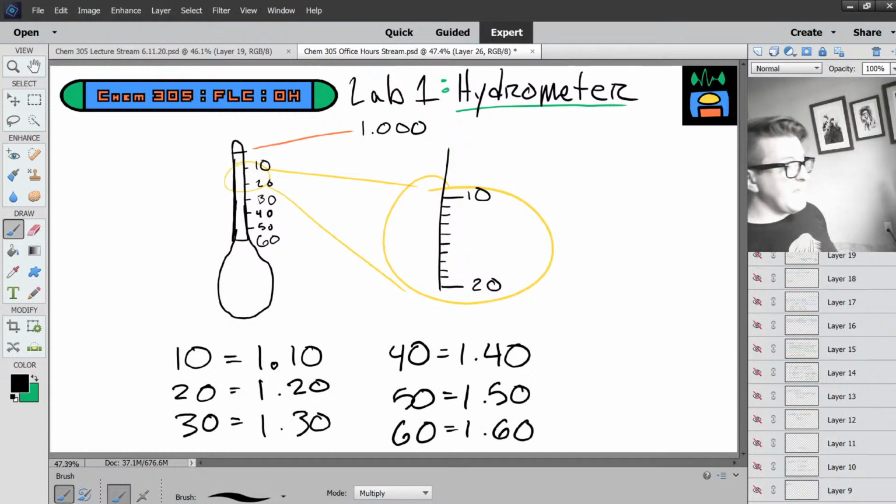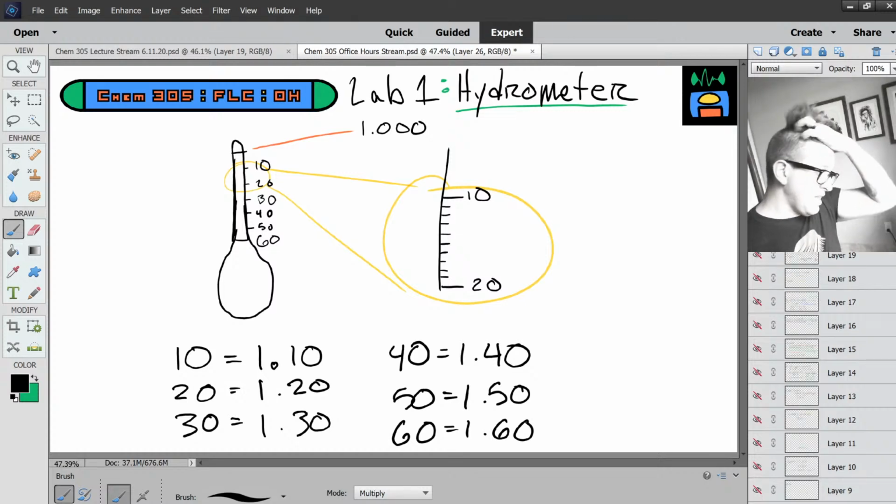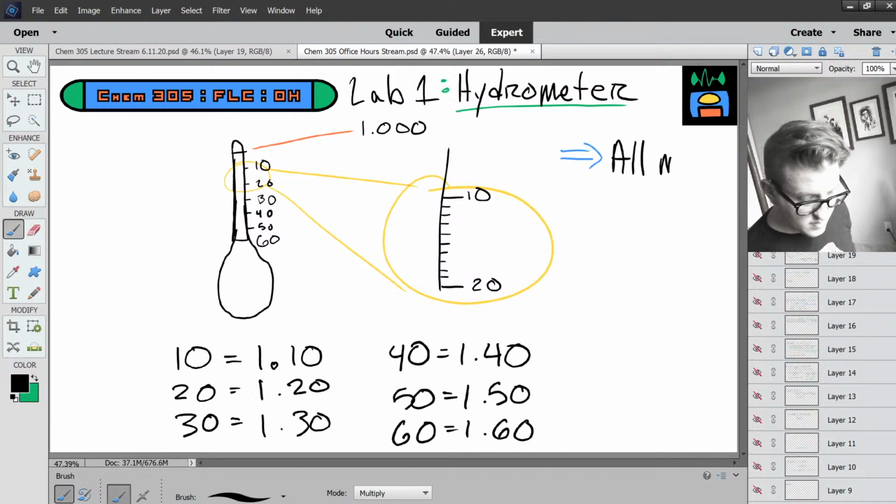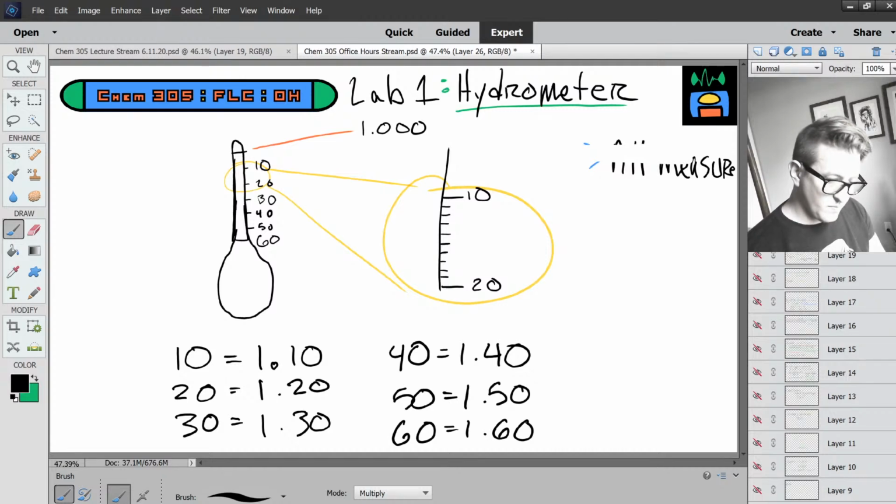All right. And because we're dealing with uncertainty and moving beyond, something that you should know is all measurements, let's see, I'm running out of space here.